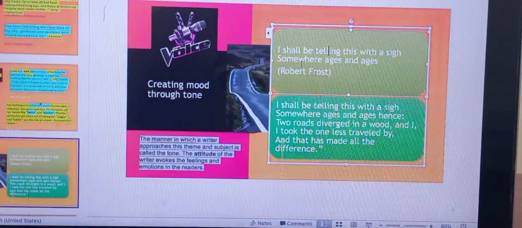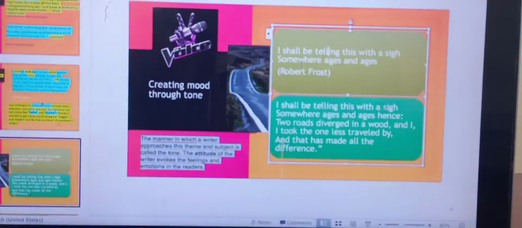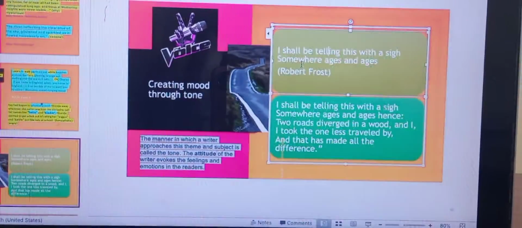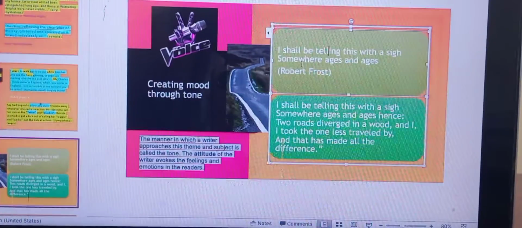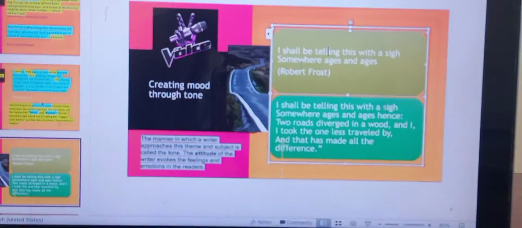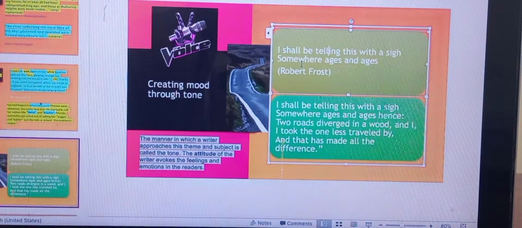It makes you feel a sense of relief when you hear him say, "I shall be telling this with a sigh," meaning, oh, what a relief, I chose the right road. So we feel a sense of relief that he has made a good decision.